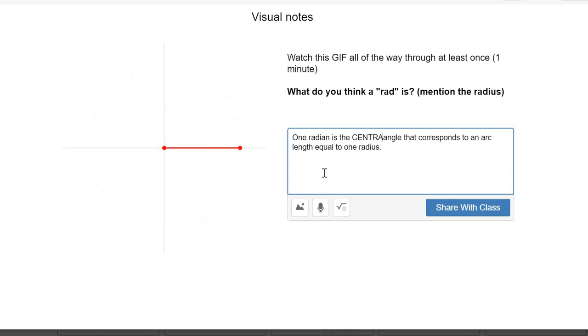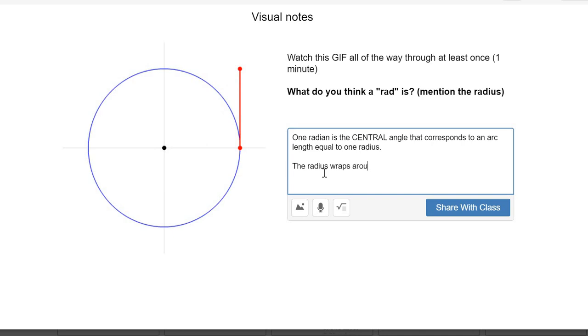With that GIF in mind, what is the radian measure of a 45-degree central angle of a circle with a radius of 5? Let's draw that circle.